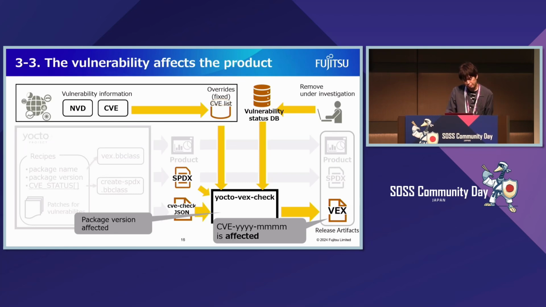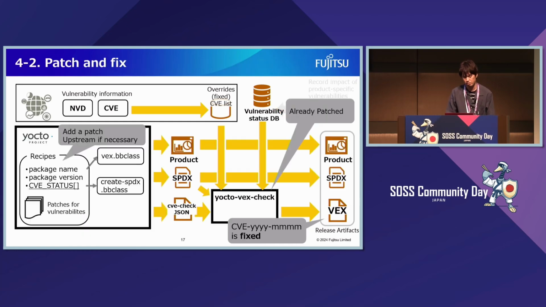The supplier investigated the code to see if the OSS package used in the product has a vulnerability and found that it does. Therefore, the supplier removed the vulnerability status as under investigation in the vulnerability status DB. Then they run Yocto VEX check and release a new VEX.